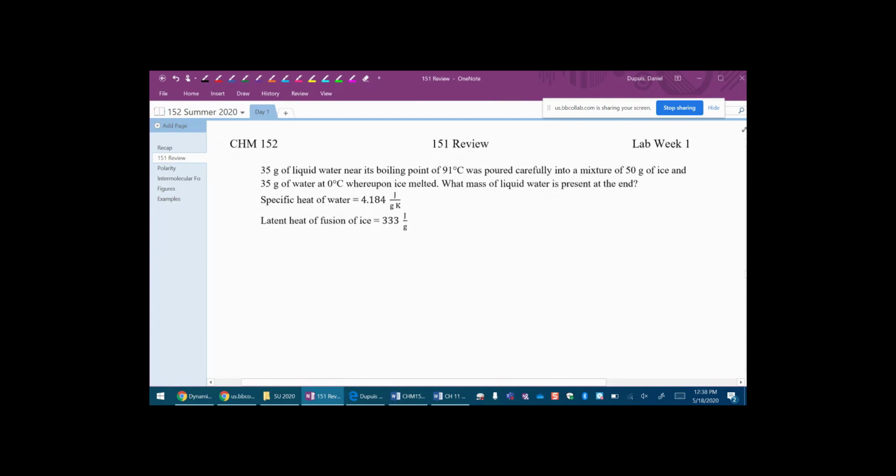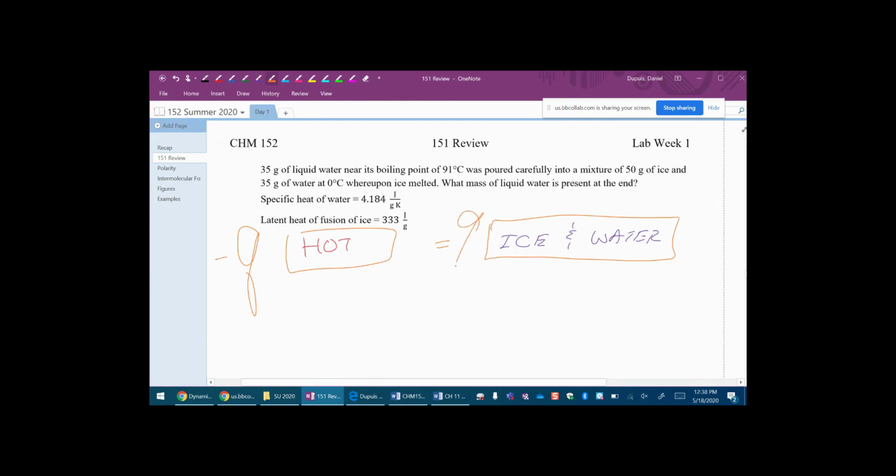All right, so if we remember these types of problems, you're going to have hot water, and then you got ice and water. And they both have an amount of energy. In the law of conservation of energy, the energy lost, Q lost, it's negative, is the Q gained.